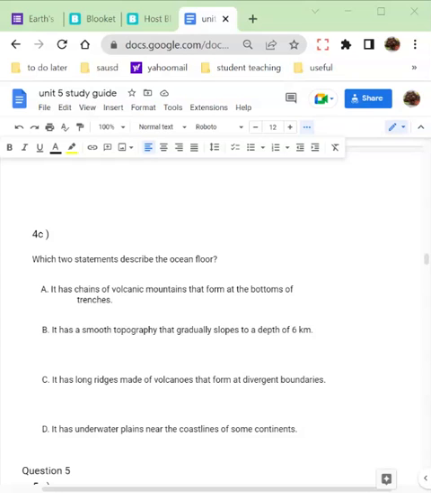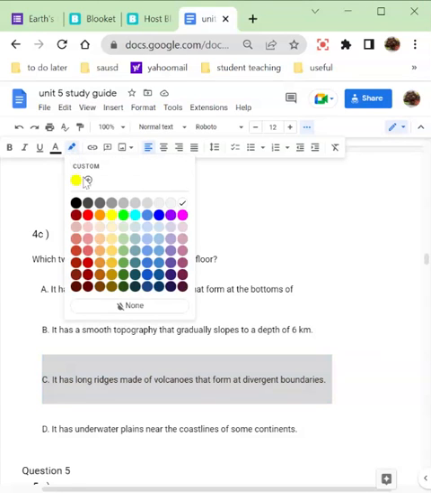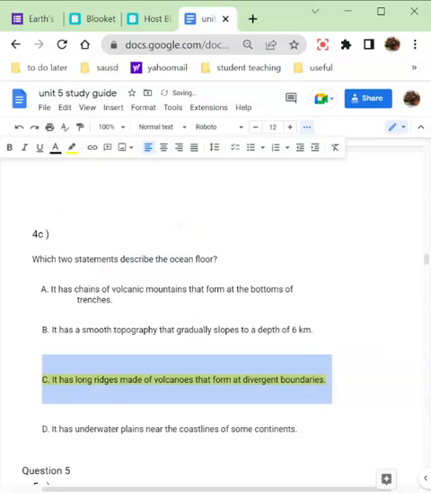Okay, so which two statements again describe the ocean floor? There's a whole bunch of volcanoes, right? Like the Ring of Fire. And those are formed by plates diverging and pushing up.